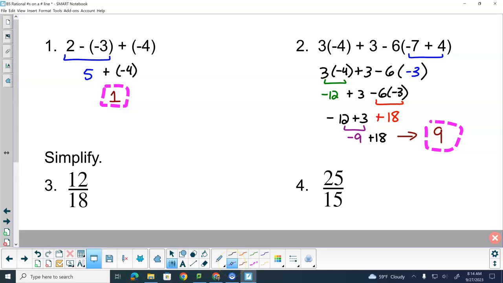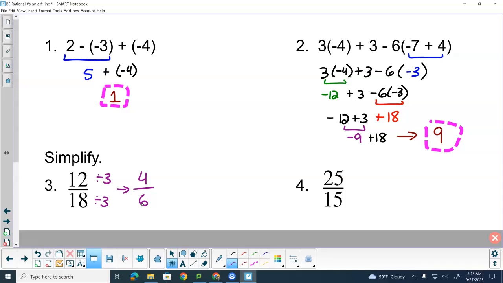If I divide by 3, let's say, then 12 divided by 3 is 4, and 18 divided by 3 is 6. So I got 4/6. The easiest way to tell is that both of those are even numbers, so for sure they can both be divided by 2.